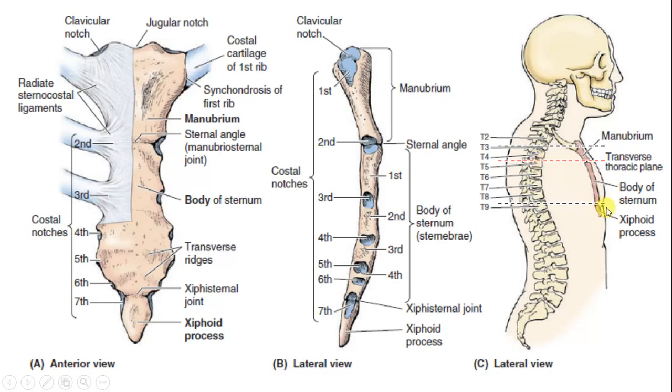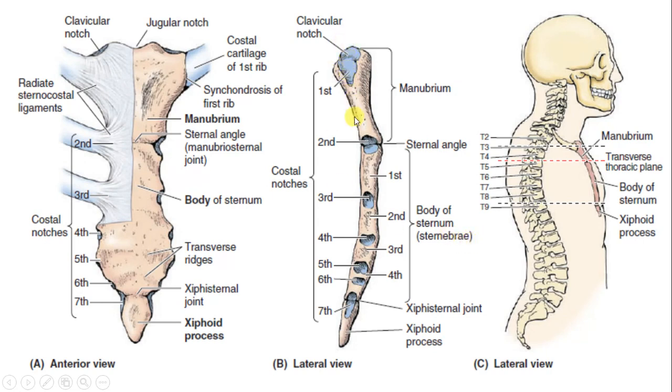And the xiphoid process makes a joint with the body, and it is at the level of the T9 vertebra. So different levels have been shown in this diagram.